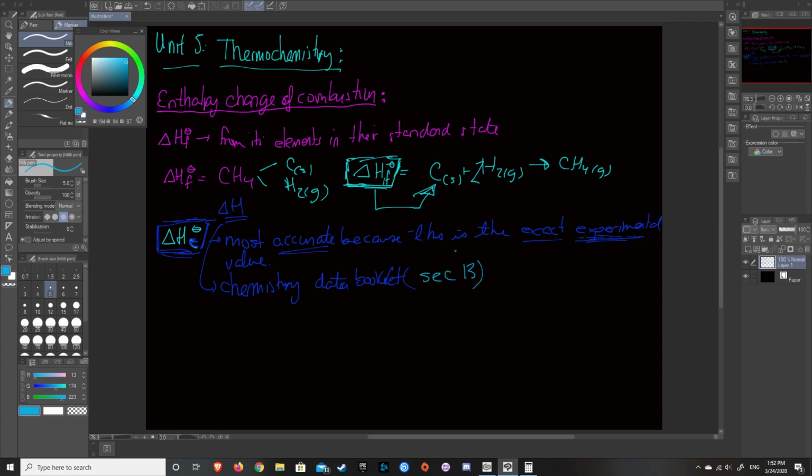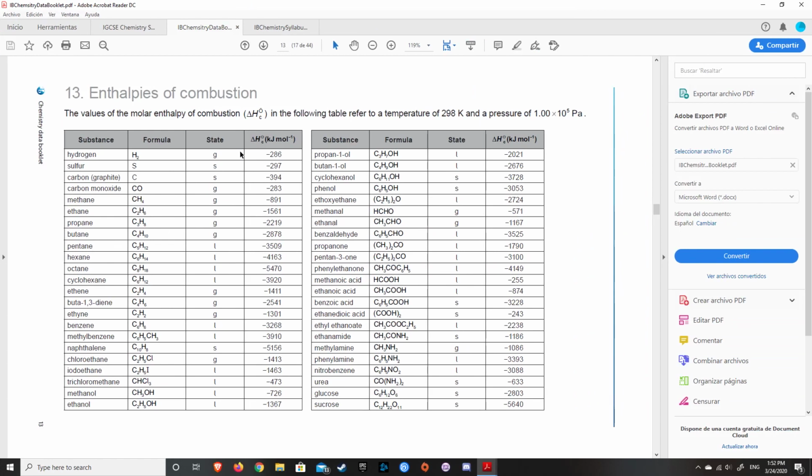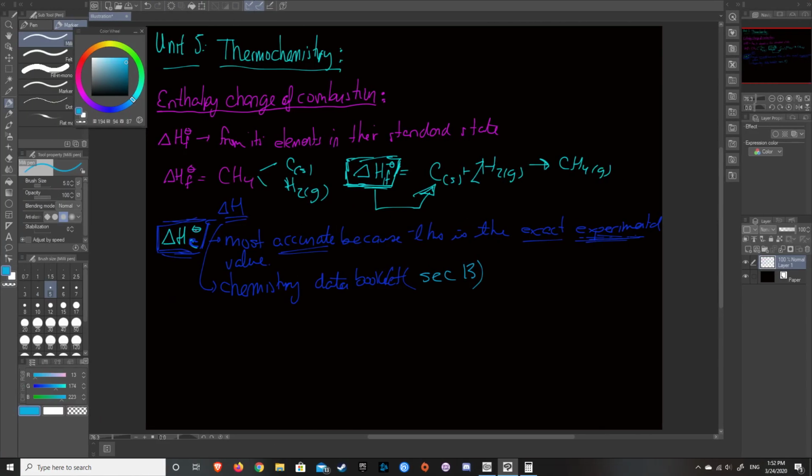So let's go to the data booklet really quickly and you can see it. Right now we have the energy change of combustion at room temperature. This symbol right here means in standard conditions and standard states. The standard state is what phase it exists in at standard conditions.